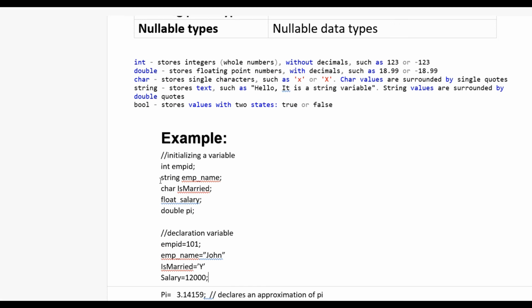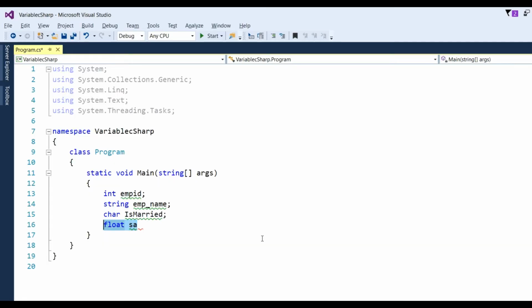Then after that you define a float, next float and define the employee salary and semicolon. Also you define one double, you can see double is a keyword, and here for understanding you define pi.